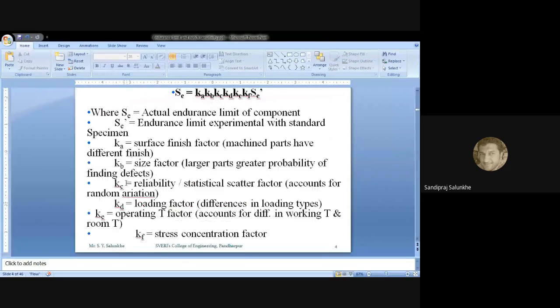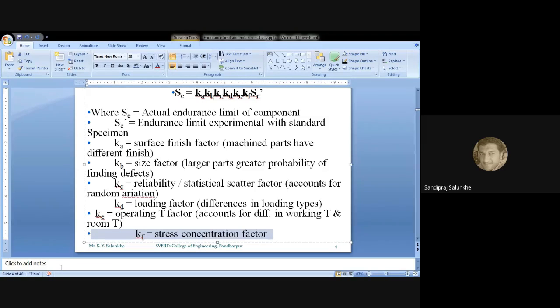All these factors, and this stress concentration factor, are easily calculated or can be found from the design data book, because very simple mathematical equations can be used for that, as they depend on geometry or material, and the process which we are going to use for the manufacturing.